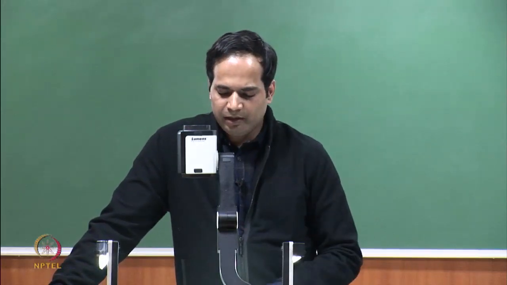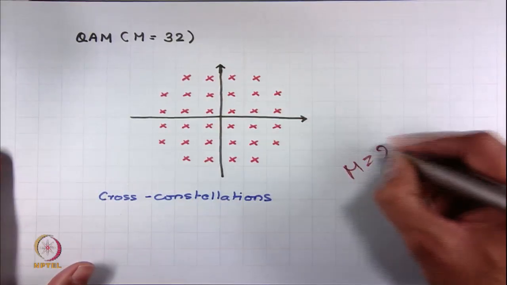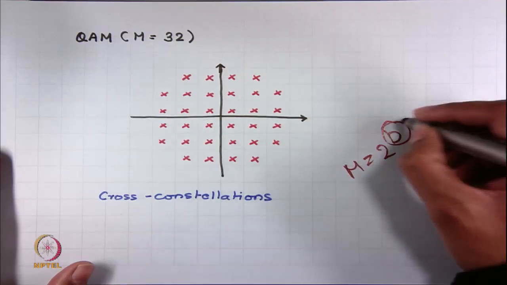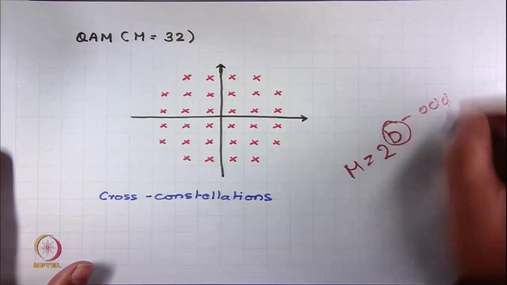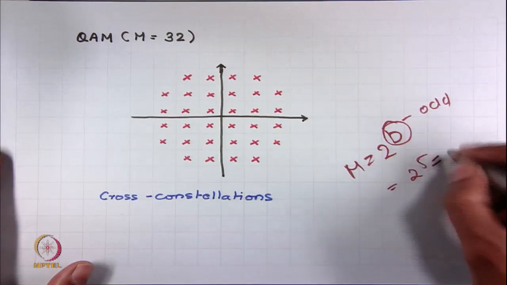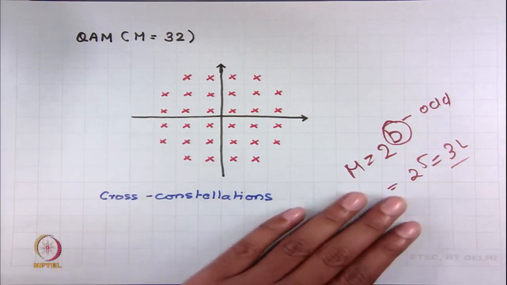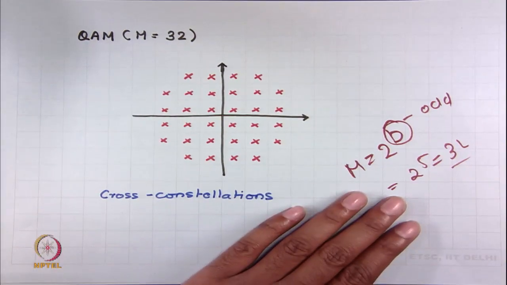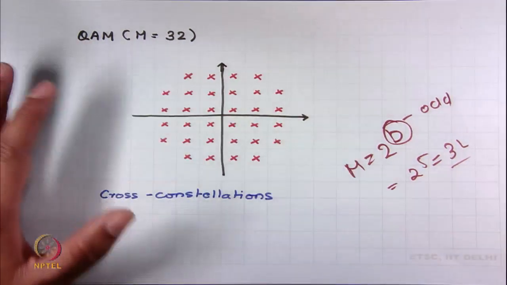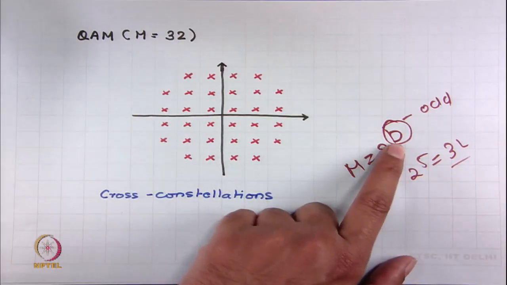Somewhat non-standard constellation is where M is 2 to the power b, and if this b is odd, for example, if b is 5, you get 2 to the power 5, which is 32. So, in those kinds of modulation schemes, you cannot have a square grid constellation. For a square grid constellation, you need to have b as even.